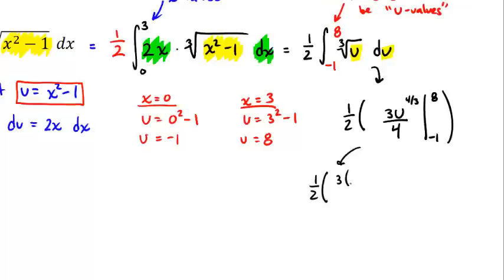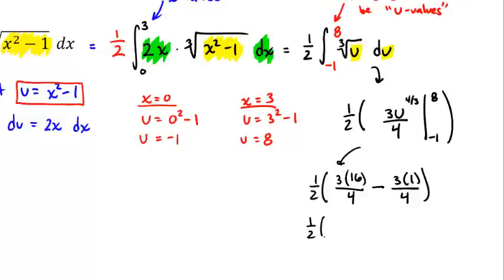We'd have 3 times the cube root of 8 is 2, and then we raise that to the fourth power, so that's 16. Minus, we evaluate at -1. Cube root of -1 is -1. To the fourth power is +1. And we get some nice simple arithmetic that we can do here.